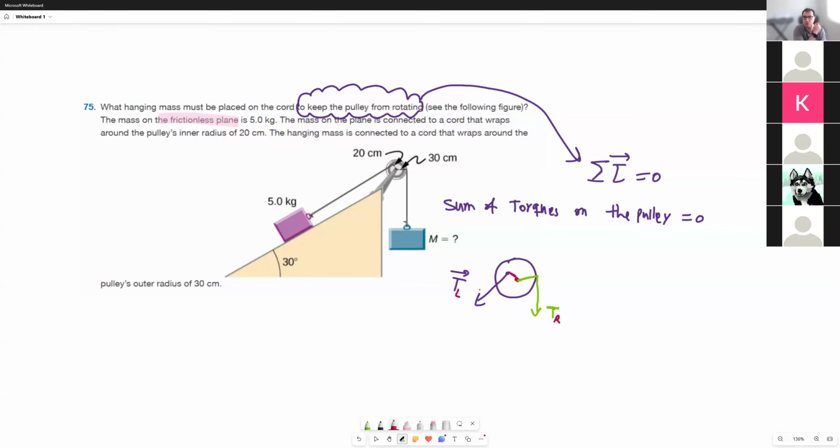Tension on the left equals what? It's going to be exactly the tension on this mass, right? That's going to be T. And this T has to be equal to what?